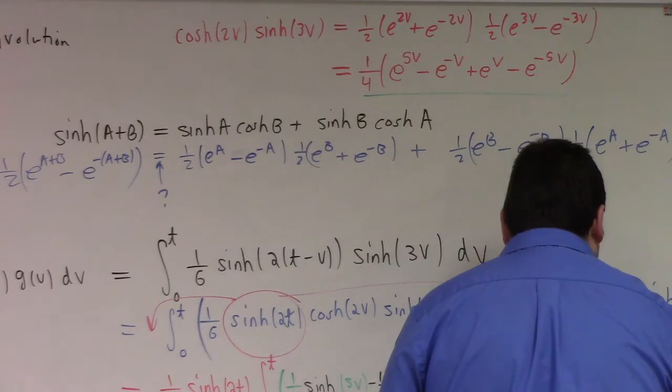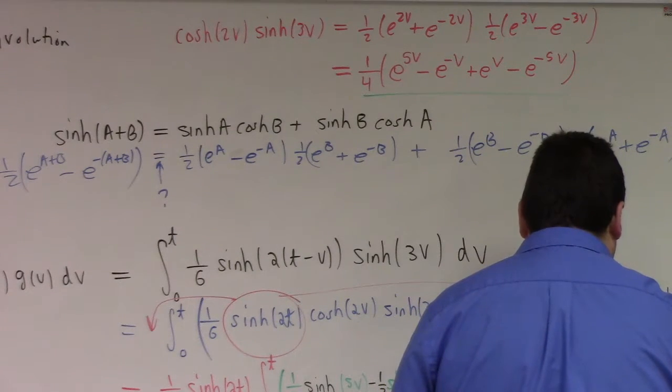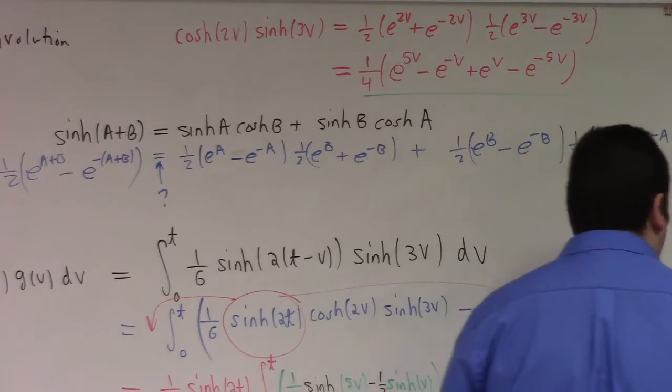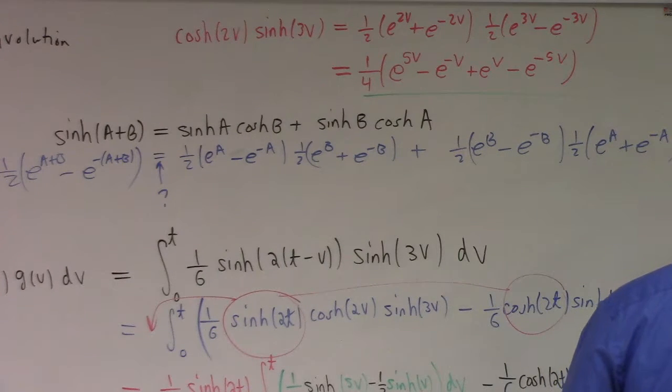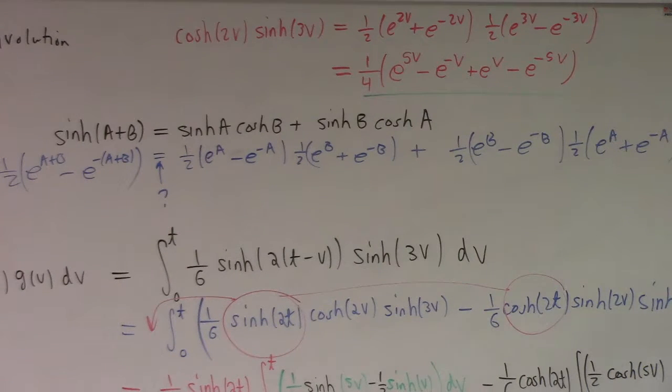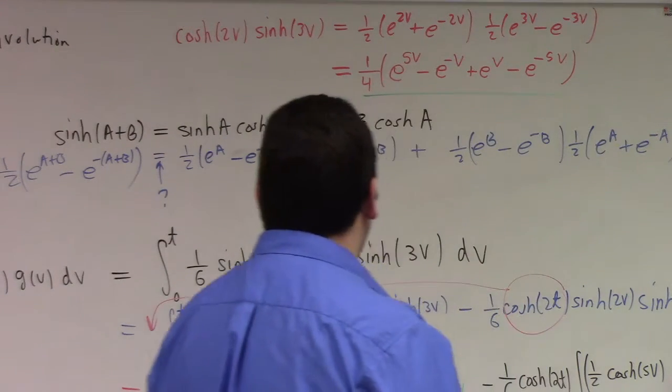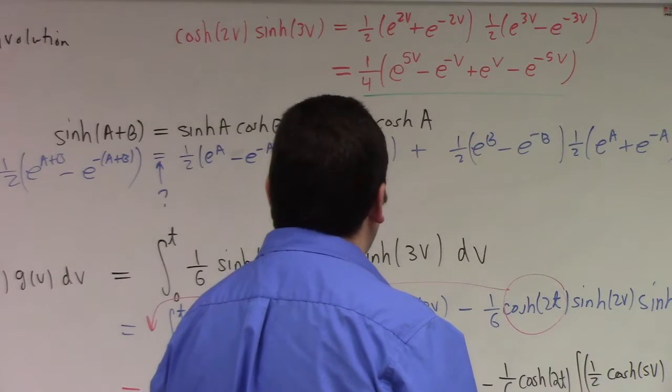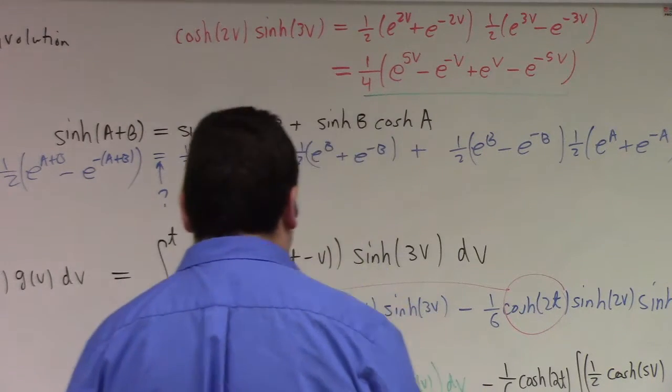Let's see here. 1/2 cosh 5v minus 1/2 cosh v. I hope your problem's not quite this awful, eh? Didn't I have plus 1/2? Oh, yes, I see what you're saying.